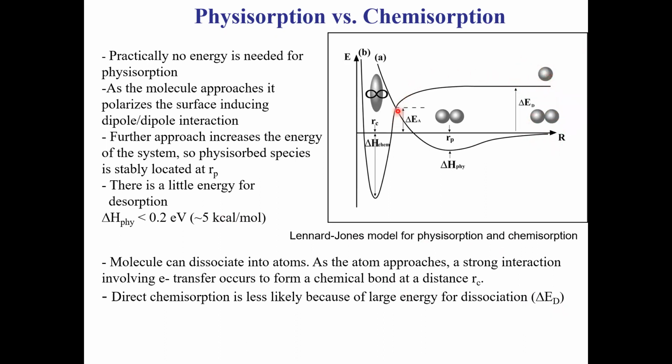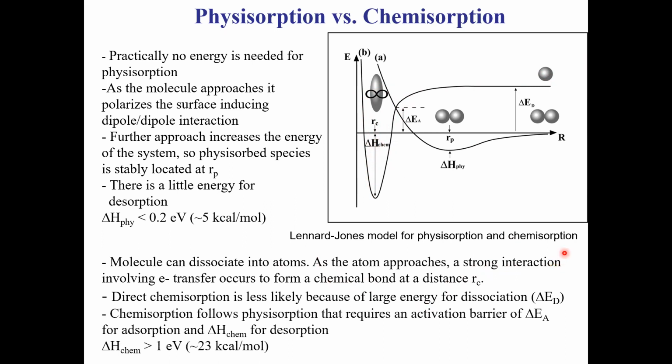And then the dissociated molecule, as you bring it closer to the surface, actually chemisorbs at a distance RC, but you can see the chemisorption energy is large, about 5 times larger than physisorption. And so it's about 25 kilocalorie per mole.